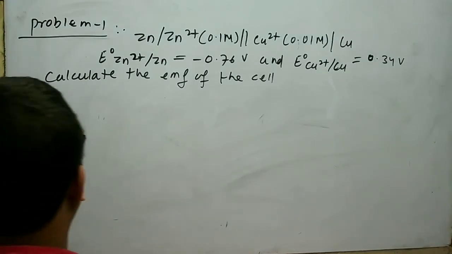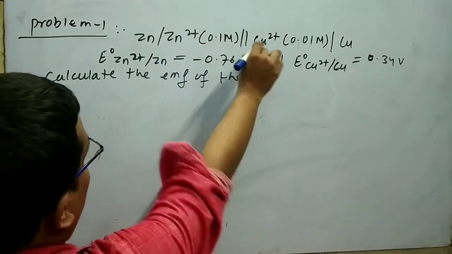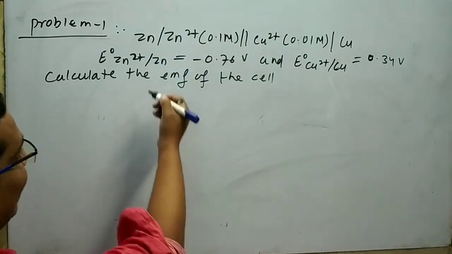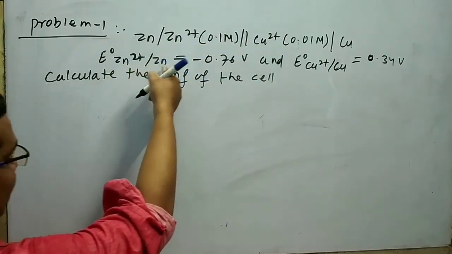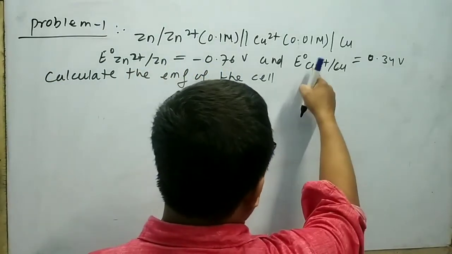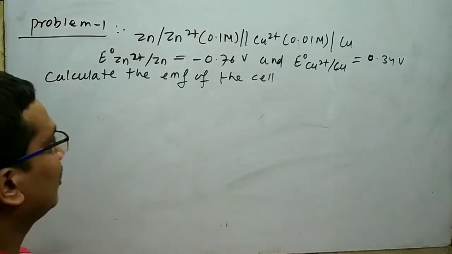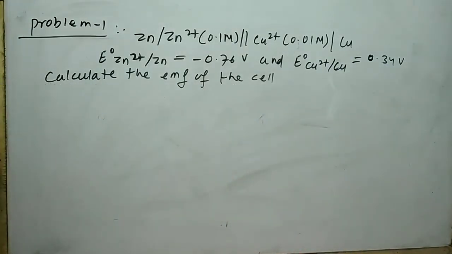Now I will solve some problems related to the Nernst equation. This is your cell representation. Here some data is given: E0 Zn2+ by Zn is minus 0.76 volt and E0 Cu2+ by Cu is 0.34 volt. Then calculate the EMF of the cell.